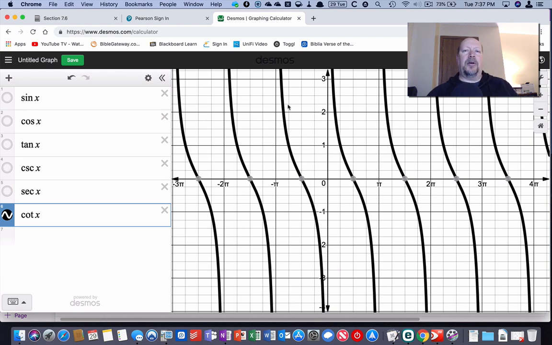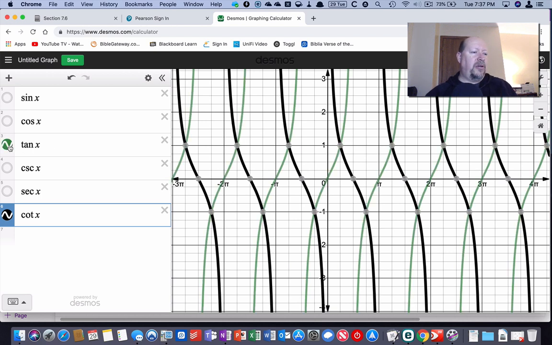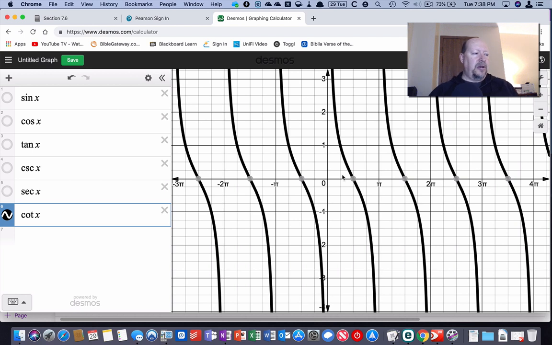So now the cotangent looks similar to the tangent, except for the curve is going the opposite direction. If I turn the tangent back on, you'll see the curves go the opposite direction. So here's the cotangent, and you'll notice, again, there are vertical asymptotes. There are locations where the cotangent function is undefined. There are angles for which the cotangent is undefined.